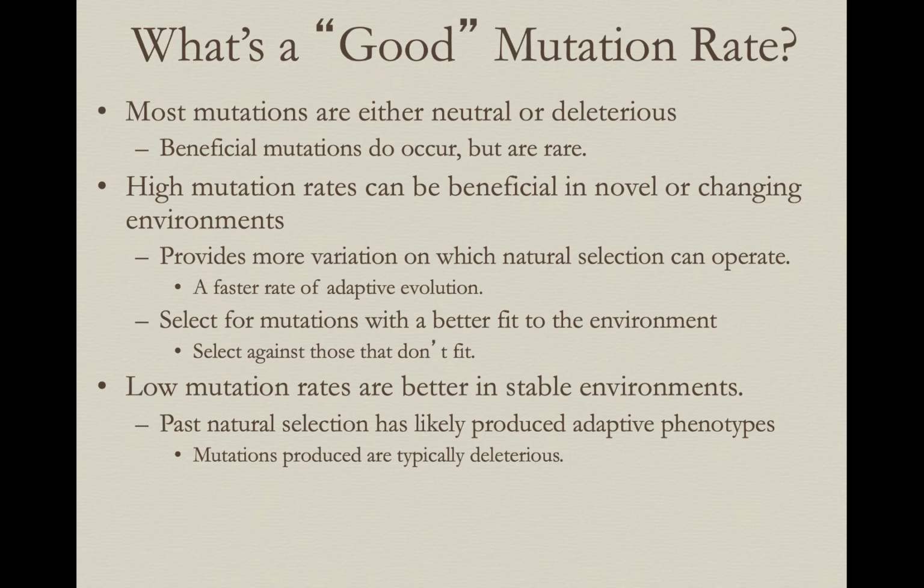And so the more stable the population genetics is, the better it is for the individuals, obviously, but the species also doesn't need variation to persist because the environment is fairly predictable. So if your species is in a stable environment, actually a low mutation rate is going to be better.